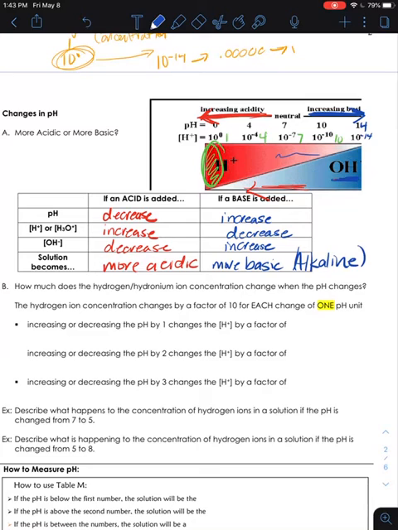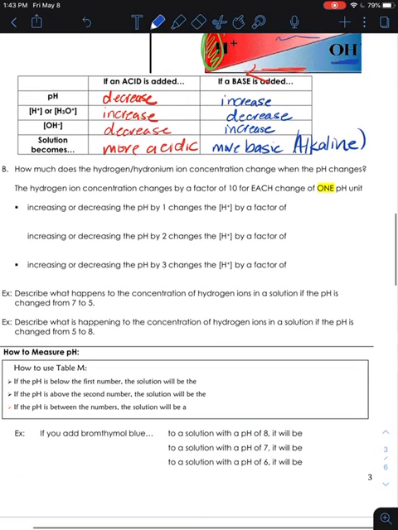Now, interestingly enough, like we said before, the changes in pH are tenfold. So if I go from 1, like a negative 1 to a negative 3, I have gone up 10 times 10, which is 100 times the fold. Okay, so let's just take a quick look at this.